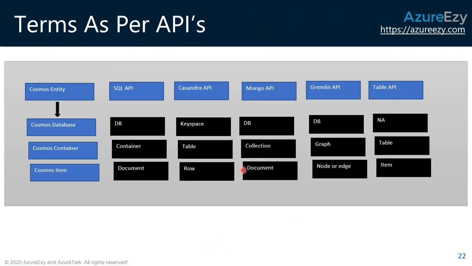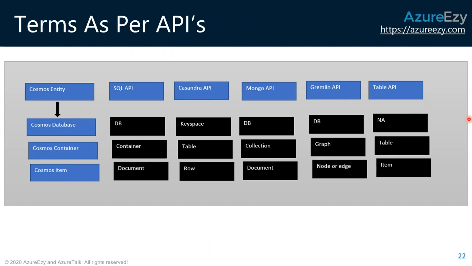For Mongo, it's document again because it's a JSON document. For Gremlin, it's node or edge because these are graphs where the nodes and relationships are decided with the vertices. And for table, it's item. So the names of these structures, database, container, and items, change as per the APIs. All right, this is also an interesting topic.